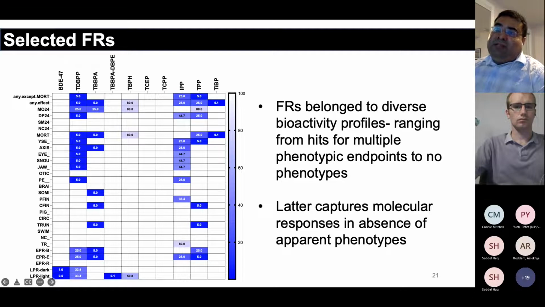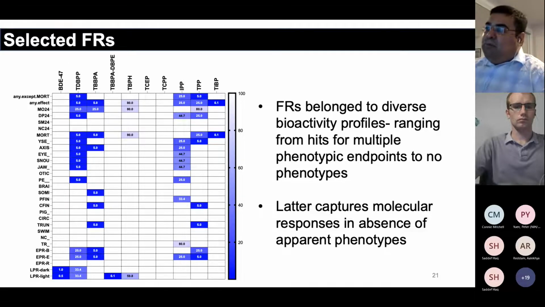Some of the flame retardants, including BDE47, were hits for only the LPR phenotypes. Some of the flame retardants, such as these organophosphates, were hits for mainly the morphological phenotypes, as you see here, whereas some of the flame retardants, such as TCEP and TCPP, were not hits for any of the phenotypes.